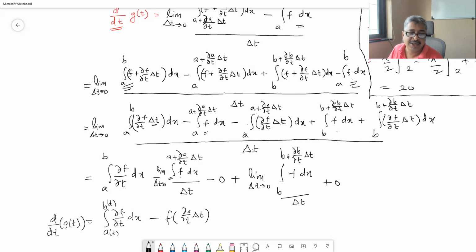That is the integral of the numerator divided by delta t, which is the second term, and similarly f into del b by del t into delta t divided by delta t.